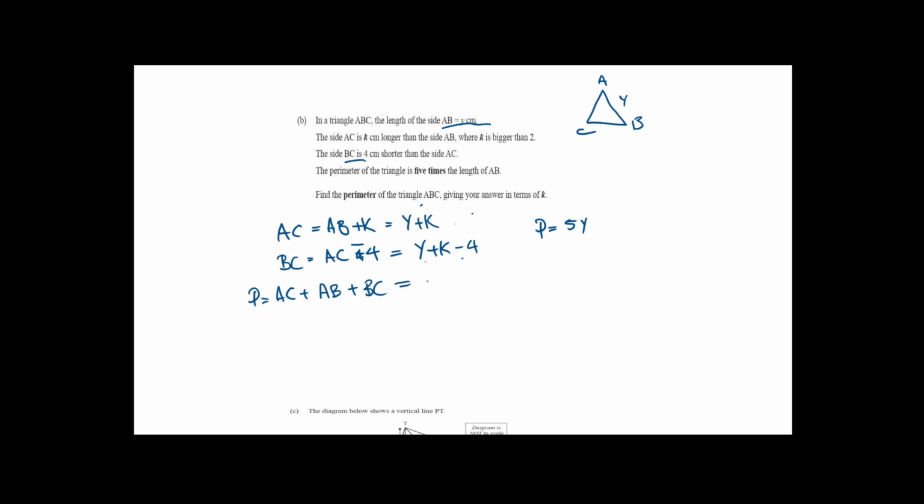Okay, so AC is going to be y plus k, plus AB is y, and BC is y plus k minus 4, and we know that that equals 5y.